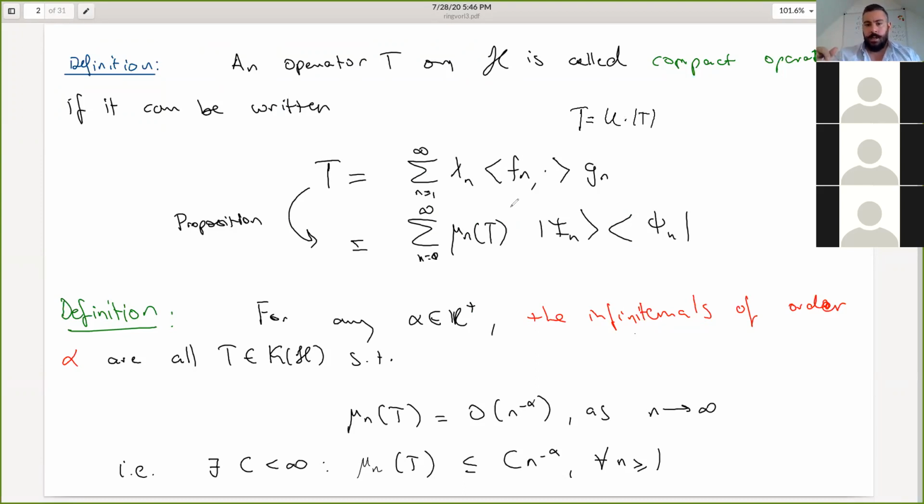You see how those eigenvalues behave for n going to infinity, and if they behave in such a form, then they are called infinitesimals of order alpha, where alpha is the order of n.